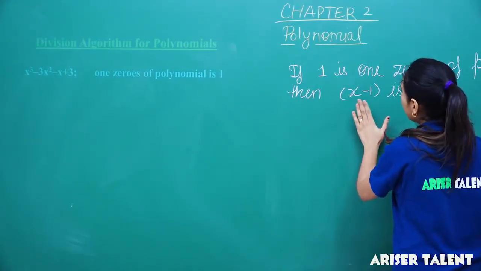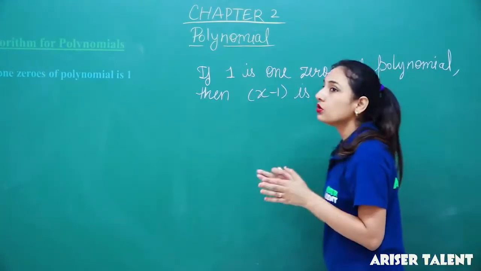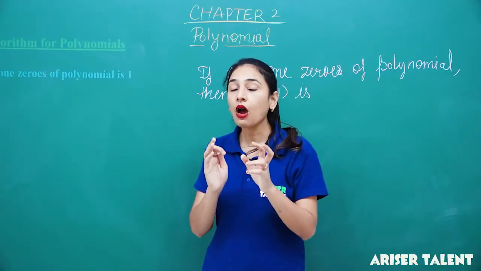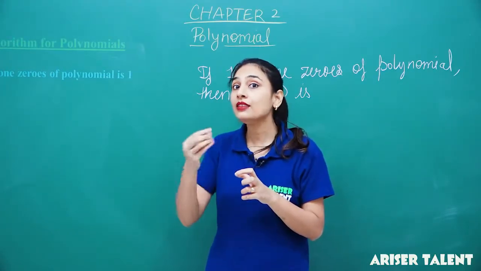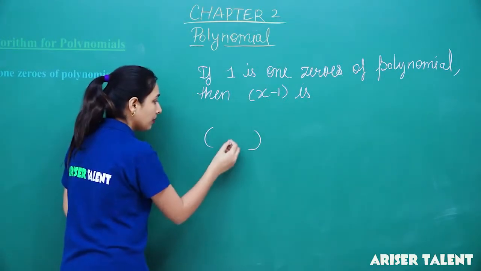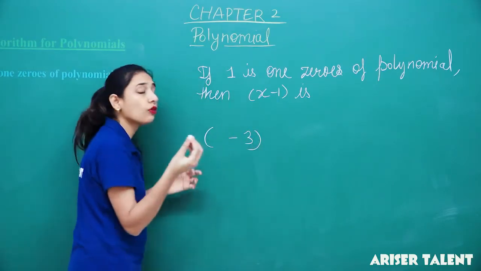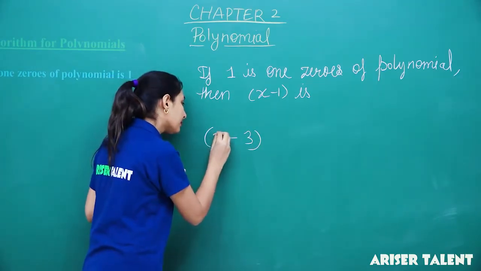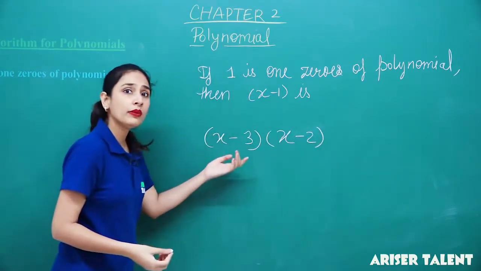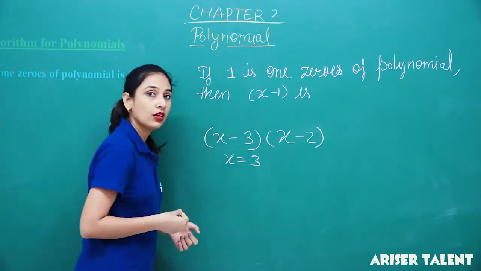Why do we write x minus 1? If 1 is a zero of the polynomial, then x minus 1 is a factor, because how will we get any zero? We will have a particular number, some constant like minus 3 or minus 2 or whatever you want to take, and from there we get, say, x equals 3.